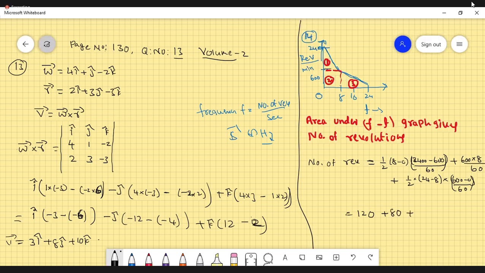Plus this will be 10. 24 minus 8 is 16. 16 by 2 is 8. So 8 into 10 is 80. Finally, it will be 80 plus 120.